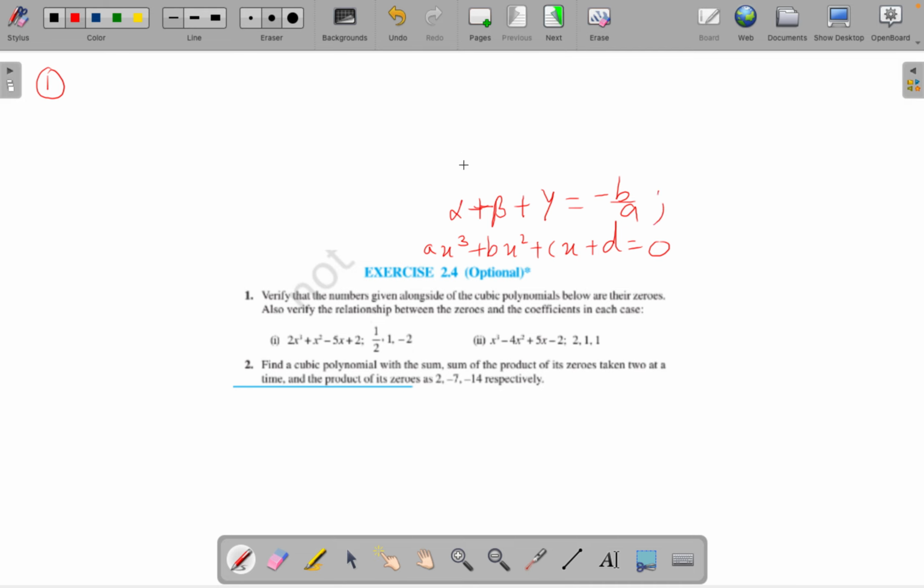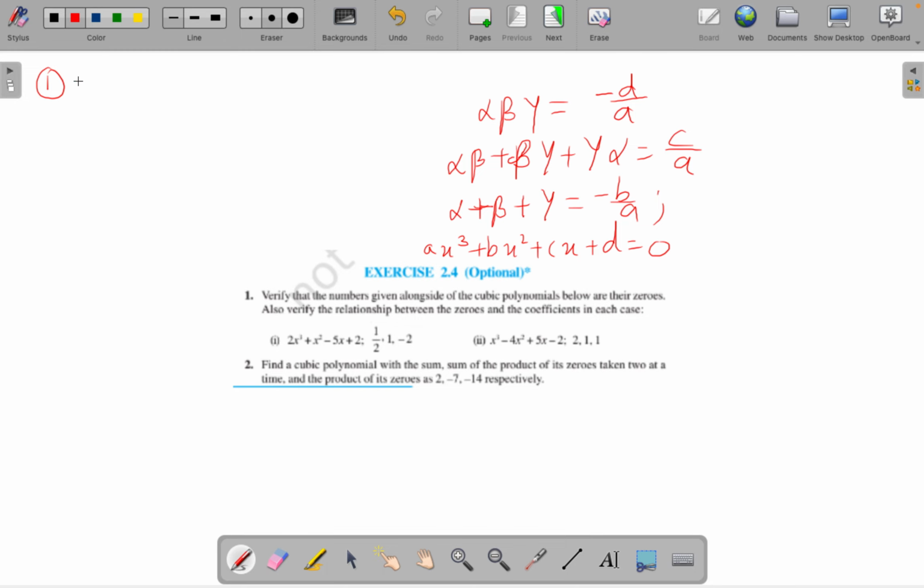There is another relation, that is the sum of the products of roots taken two at a time, alpha beta plus beta gamma plus gamma alpha, which is equal to c by a, that is the coefficient of x upon the coefficient of x cube. And the last is alpha into beta into gamma, that is the product of the roots, which is minus d by a, that is minus the constant term upon the coefficient of x cube. So question number 1 will use this formula, which we have already studied in the previous video.